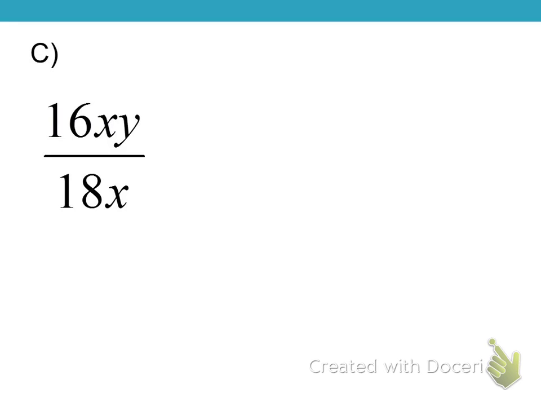All right, here's C. Now, the coefficients in the front, that's just a regular old fraction, like 16 over 18. Just simplify it like you always do. What's 16 over 18? 8 over 9. What happens to the x's?